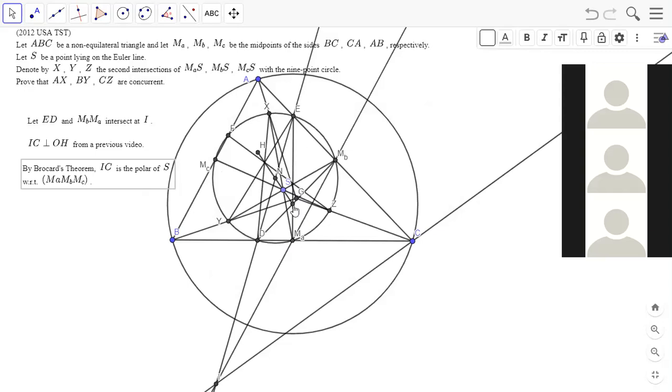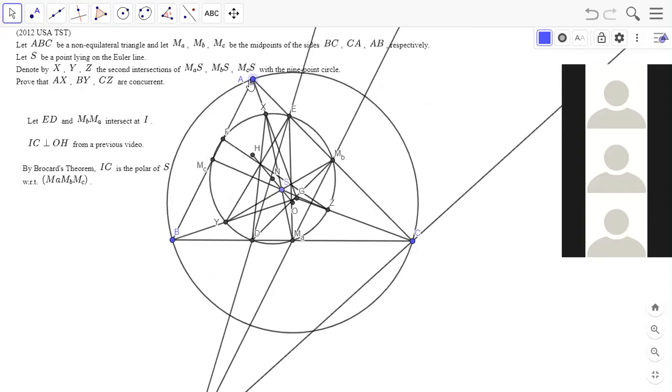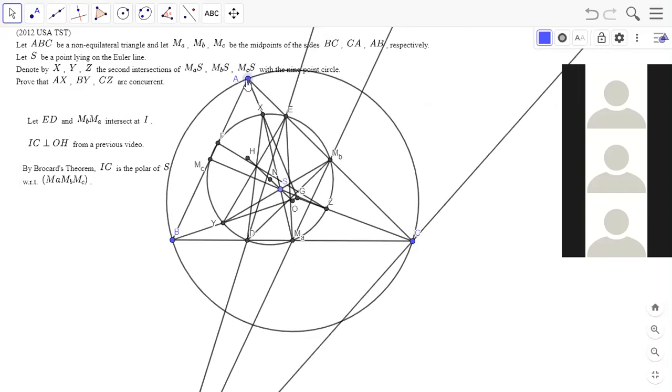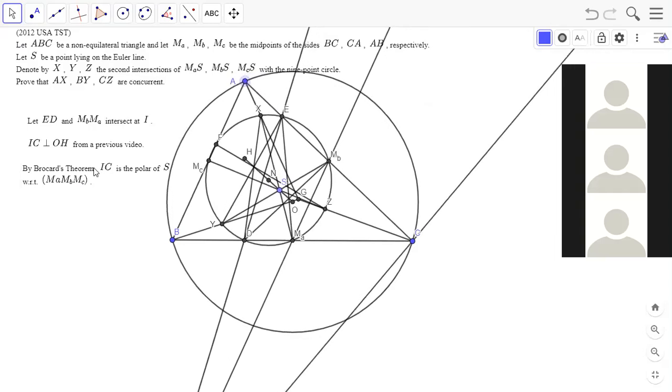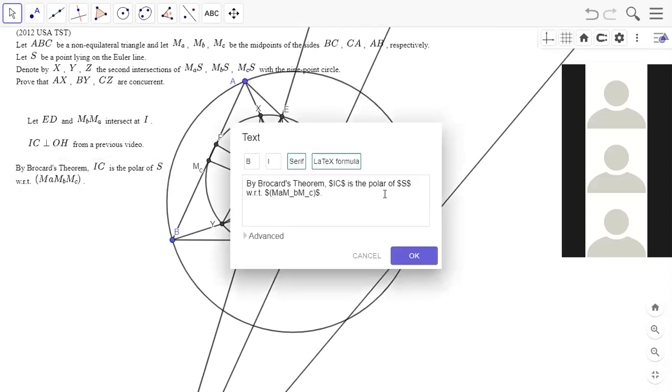It's the polar of this intersection point. So wait a sec. Yeah, it's the polar of MAE intersect MBD. I just sent in the theorem. Okay. Hold on a sec.